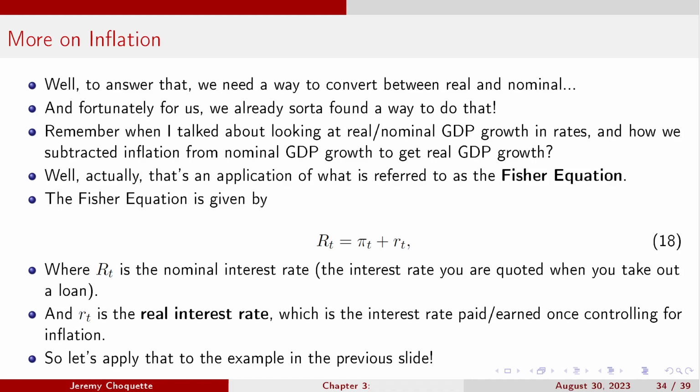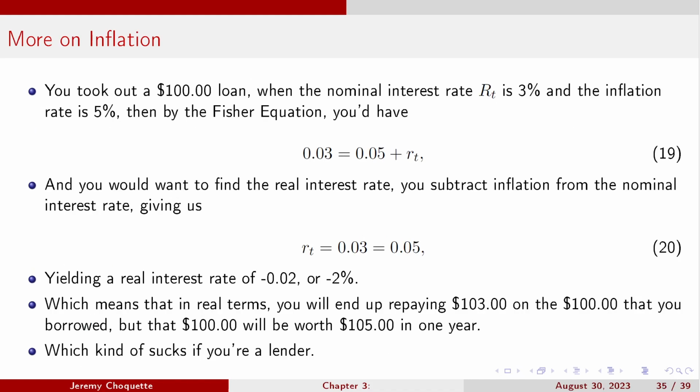The Fisher equation is given by equation 18, where the nominal interest rate, capital R, is the interest that you are quoted when you take out a loan, right? The real interest rate is the interest rate that's paid or earned once controlling for inflation. So the nominal interest rate is equal to inflation plus the real rate of interest.